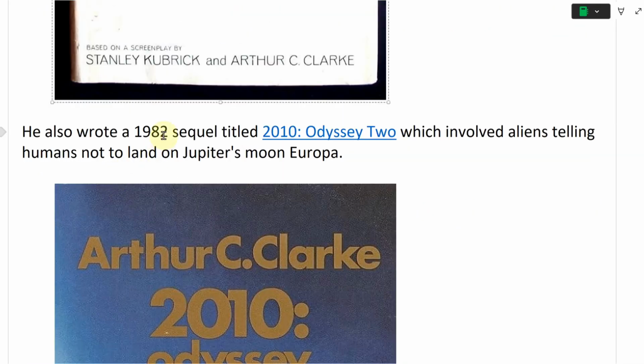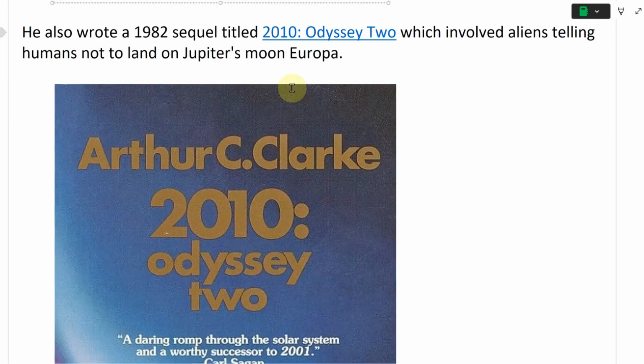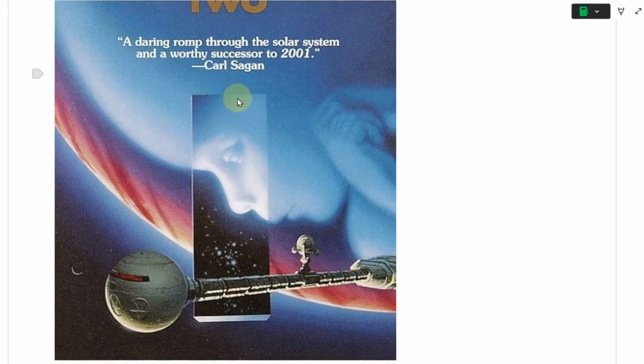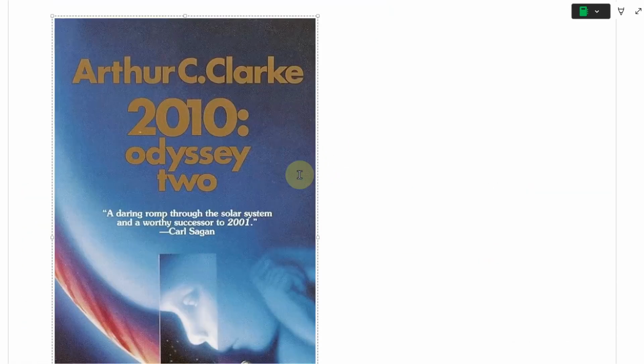He also wrote a 1982 sequel titled 2010: Odyssey Two, which involved aliens telling humans not to land on Jupiter's moon Europa. Arthur C. Clarke, 2010: Odyssey Two, a daring romp through the solar system and a worthy successor to 2001. That's Carl Sagan giving a quote there. That's pretty fascinating.